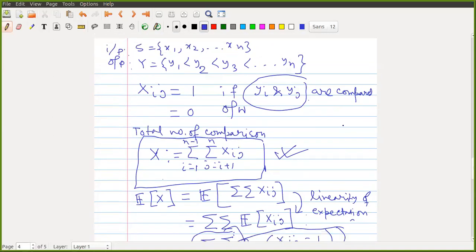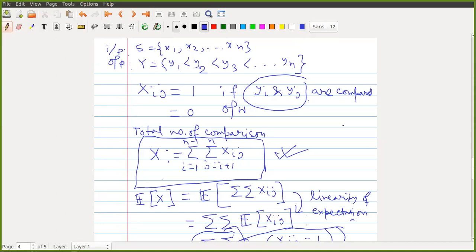Yeah. So the idea is, the way we have defined these random variables is when two elements are compared. Basically, we will be counting the total number of comparisons, and that gives us the time complexity, right?